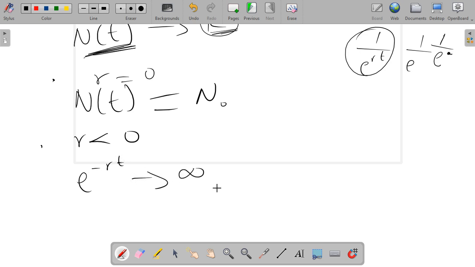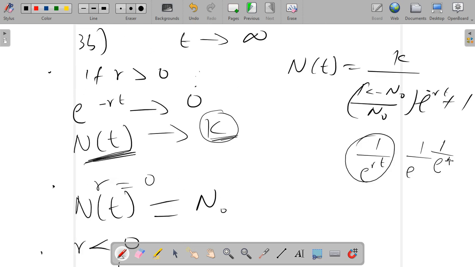If it approaches infinity, what happens? If here approaches infinity, then everything here becomes 0.